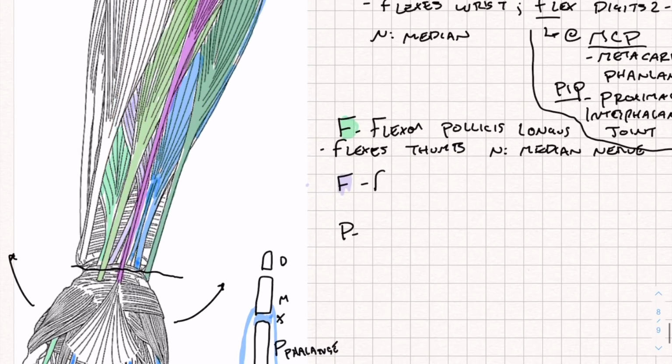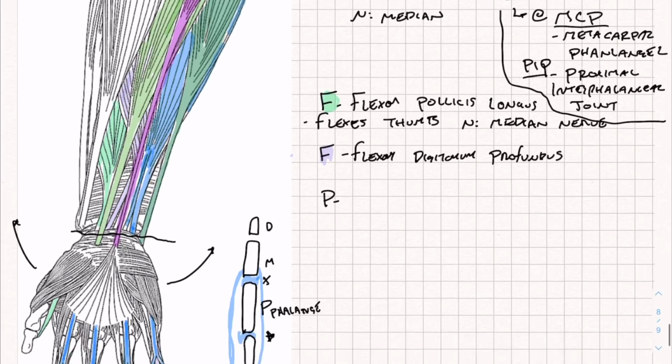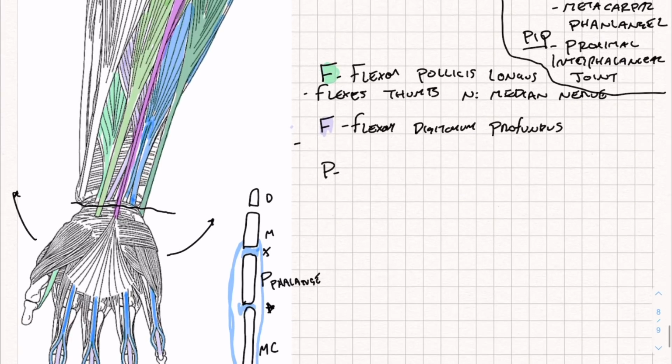This is called the flexor digitorum profundus, which just means the deep flexor digitorum. This is going to flex the wrist as well as all the joints of the fingers. So that means that comes up like this.